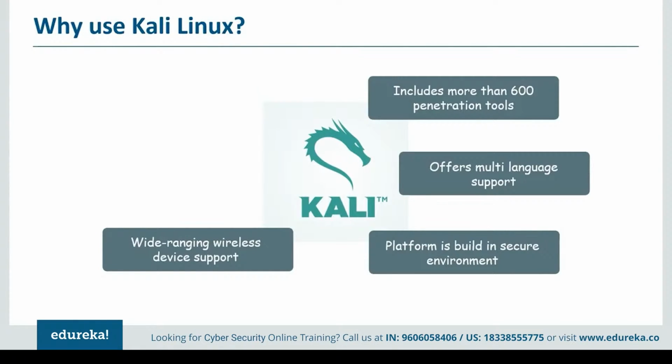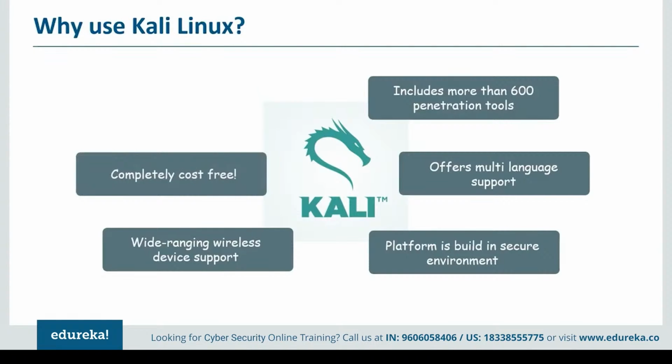It is built in such a way that it supports as many wireless devices as it possibly can. This way, it runs properly on a wide variety of hardware and is compatible with numerous USB and other wireless devices very easily. Kali Linux, like Backtrack, is completely free of charge and always will be. You will never ever have to pay to use Kali Linux.